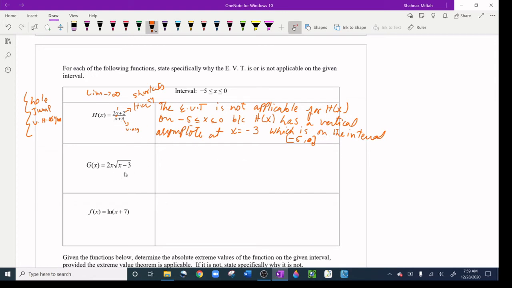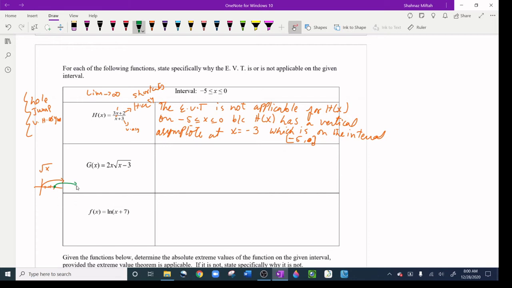Okay, let's see this one, this graph. Let's figure it out: 2x square root of x minus 3. I can see between -4 and 0 in the closed interval, I see x minus 3 under the square root. I know the parent function for the square root of x goes something like this. So it means I'm going to the right 3. My graph is going to start here, this is 1, 2, 3, and it's going in this direction, towards infinity.